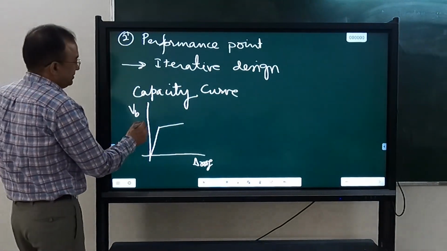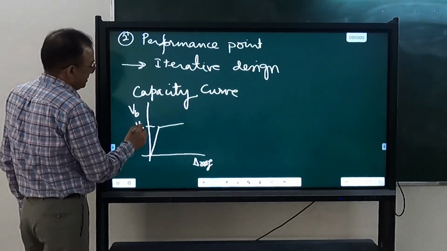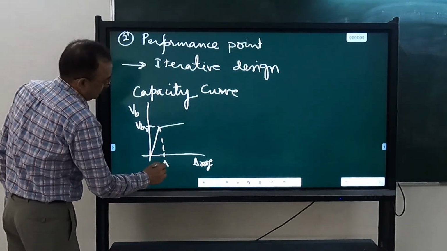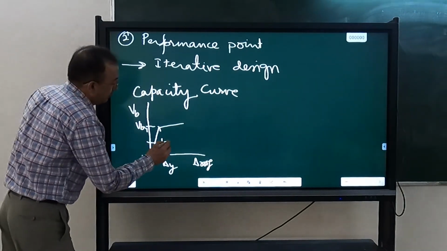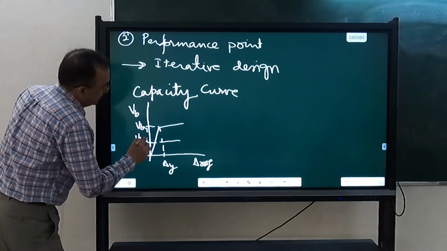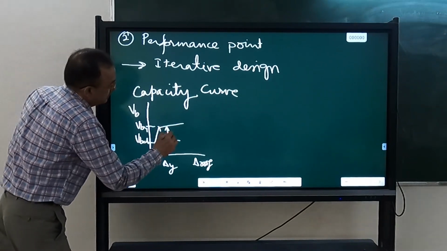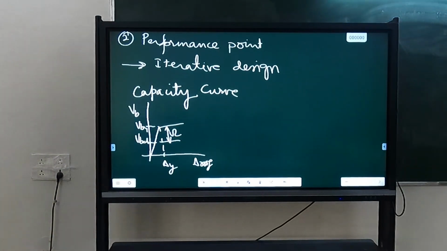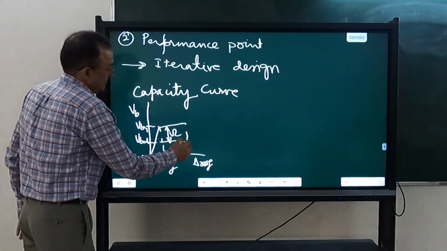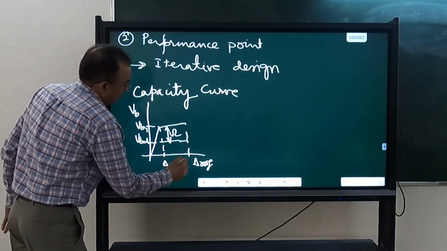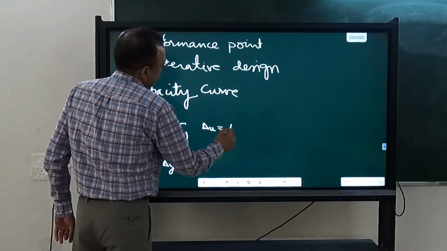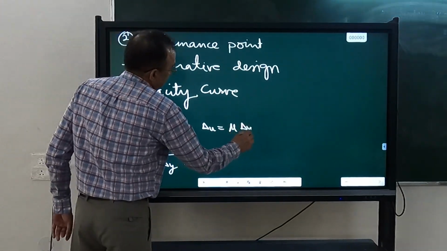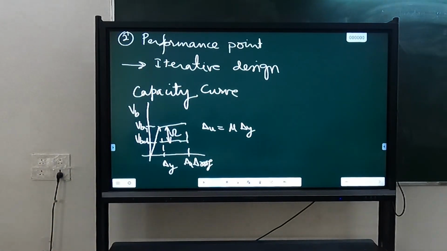So in the elastic capacity curve, this is our yield force V_y and the corresponding value of delta. This V_y you can take as V_d times the overstrength ratio; you can calculate like this. And then you can calculate delta_u as mu times delta_y. And how to calculate delta_y?